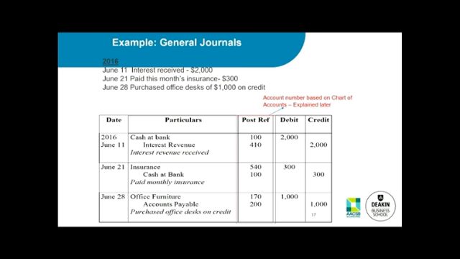And because interest is a revenue, we have to credit the interest account with the same amount. So that's the explanation for the first entry. And then of course we do the written explanation underneath to explain what it is.